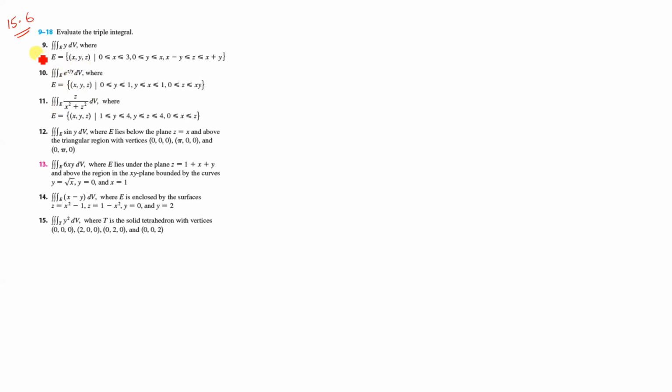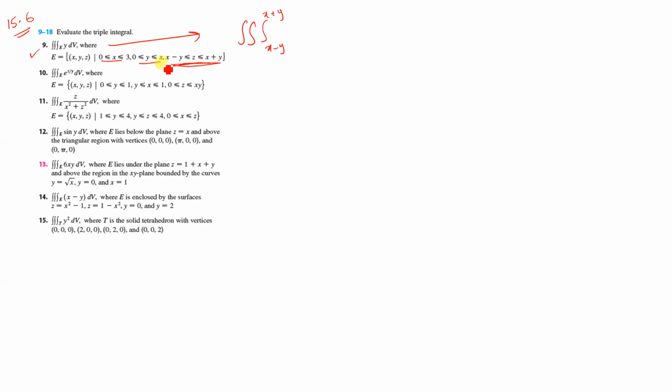let's solve question number 9. You can see all the limits are already given, so this is just a matter of integration. You will write this integral as an iterated integral, and then you'll solve it. This is the innermost limit, where z is a function of x and y. So x minus y is the lower limit for z, and the upper bound for z is x plus y.